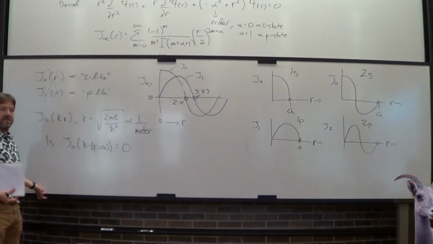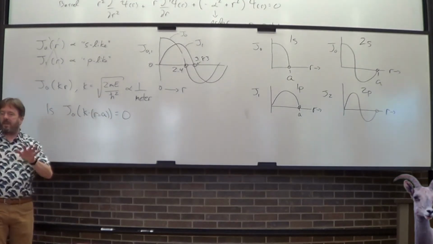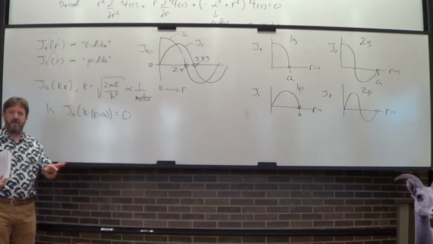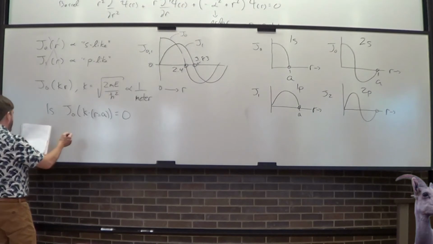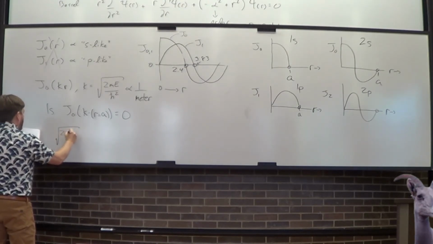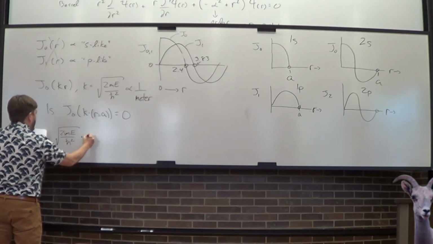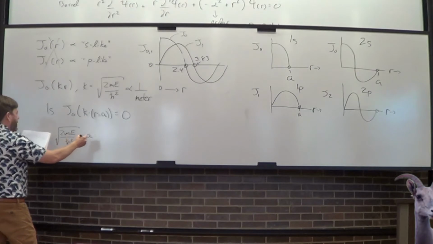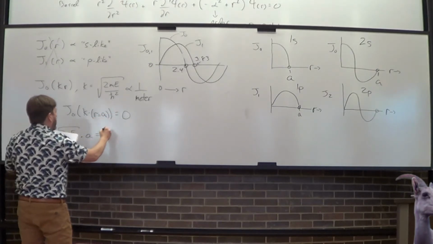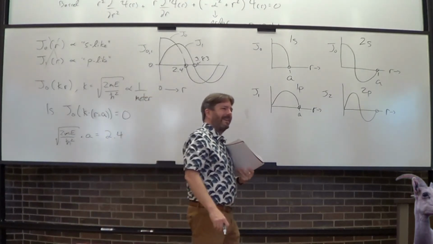Now, as usual, boundary conditions are the things that answer questions, especially with these flat potential deals. What does it answer? Well, let's look at this. Okay, so k is the square root of 2mE over h bar squared, times the radius of the particle in the sphere is 2.4. See how that works?